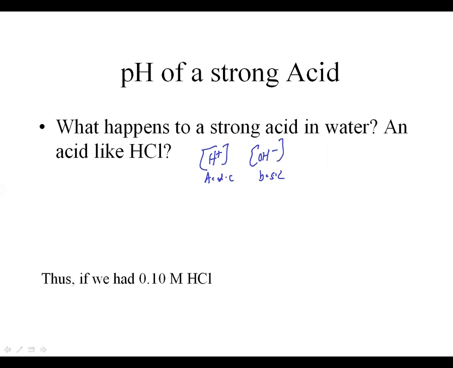And if they give you a strong acid, what we know about a strong acid is something like hydrochloric acid, when it's in solution, will 100% break apart into H plus and Cl minus. Now, 100% of what we got going on are these ions. And the thing that's really important for pH is really just the H plus concentration. And we know that the pH equals minus the log of the H plus concentration.